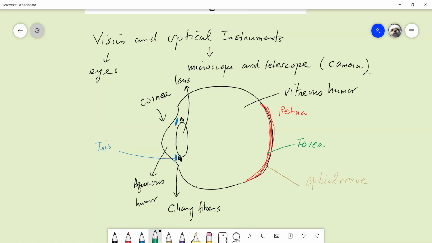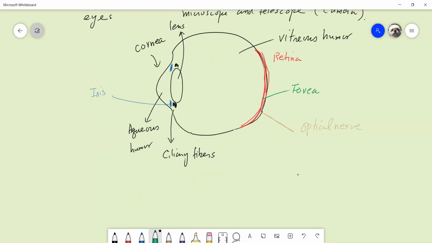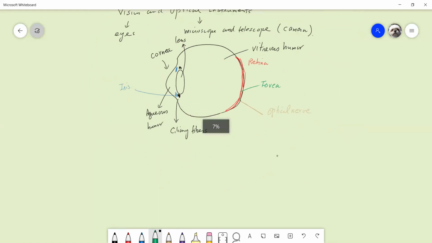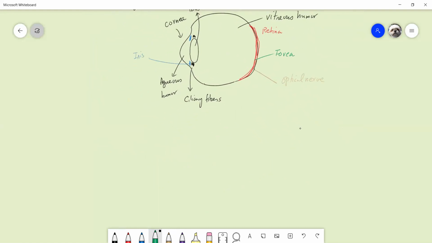Okay, good. Now, how does the eye form the image? I can tell you that when the eye forms an image, I'm drawing a simple version.